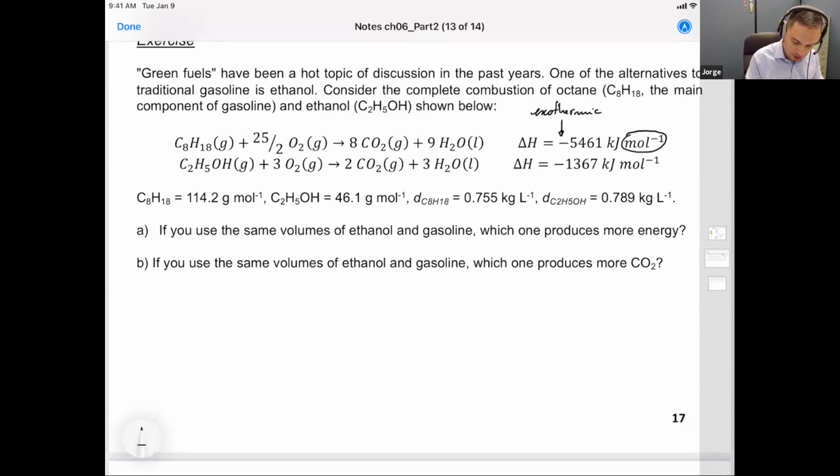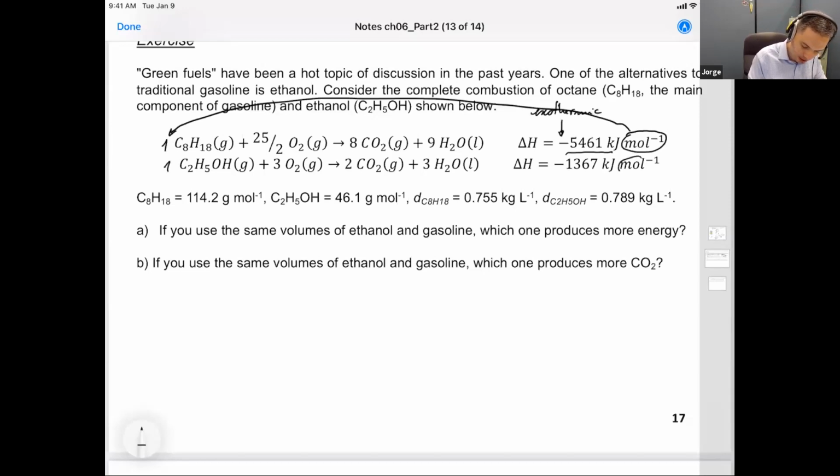The per mole is a very important thing because it correlates the amount of fuel with the energy produced. For the first reaction, it means that 1 mole of C8H18 will produce 5,461 kilojoules.